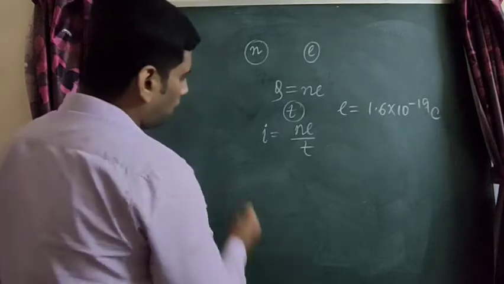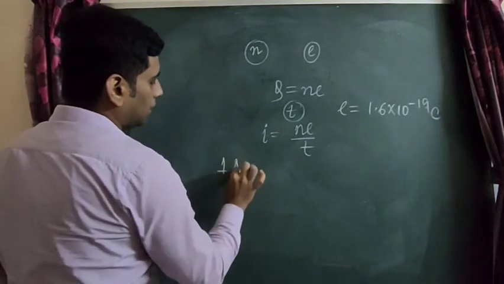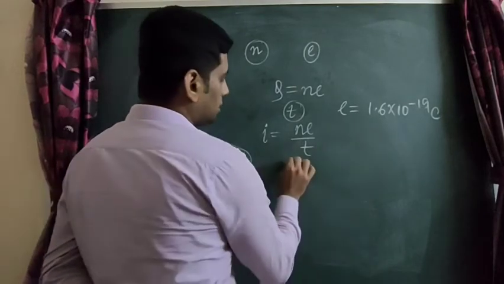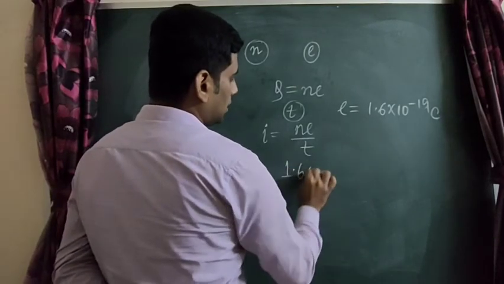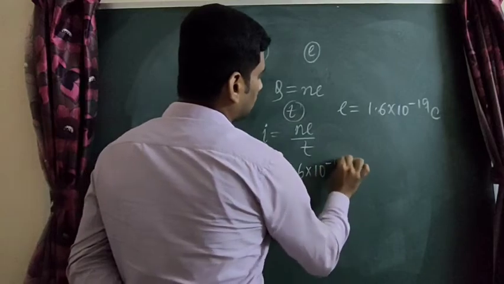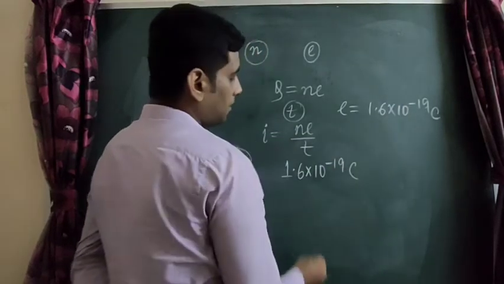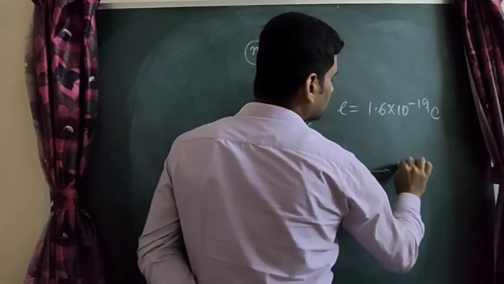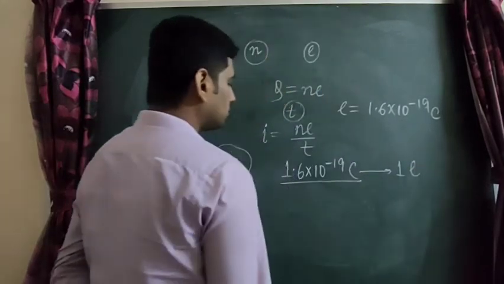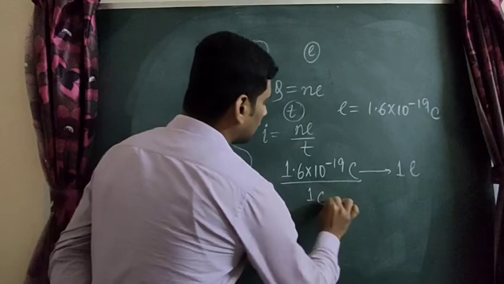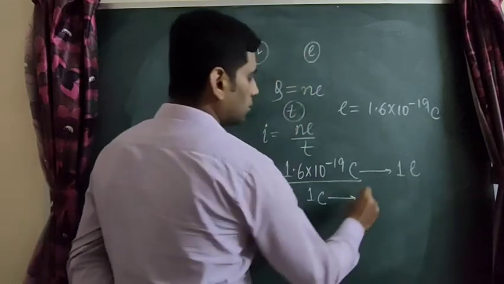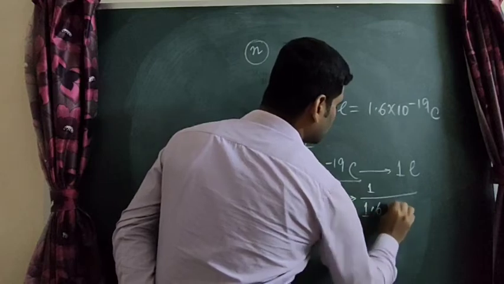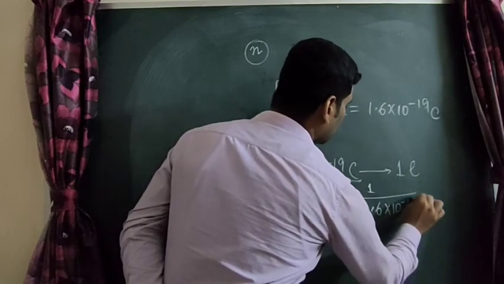Another thing, 1 ampere current means how many electrons? See, the charge of an electron is 1.6 into 10 to the power minus 19 coulomb, as I said here. So this much charge is present in 1 electron. So 1 coulomb charge is present in how many electrons? 1 divided by 1.6 into 10 to the power minus 19.